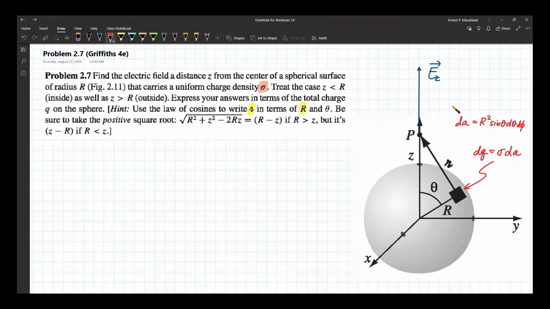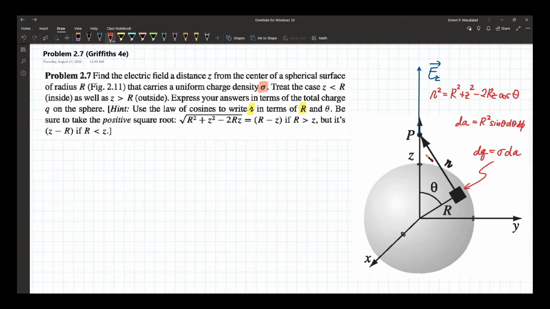So from cosine law, we can calculate script r squared, which is equal to capital R squared plus z squared, the squares of the other two sides of the triangle, minus 2Rz cosine of the angle opposite of your script r length, theta.